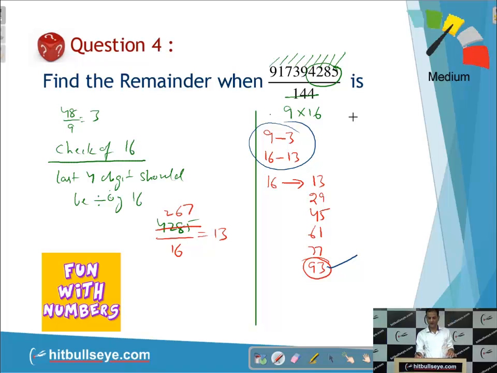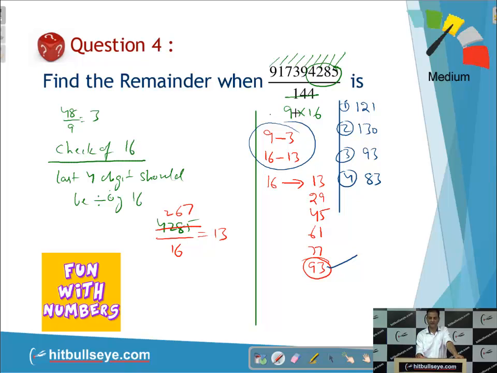Suppose in the paper 4 choices are given: first choice 121, second choice 130, third choice 93, and fourth choice 83.